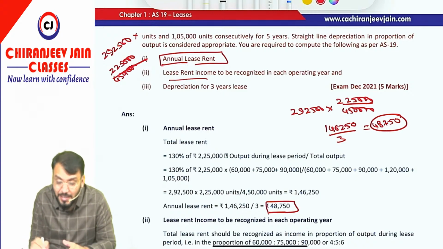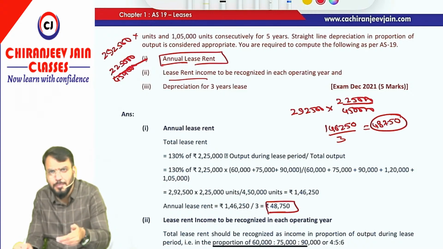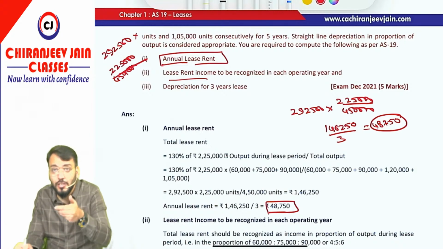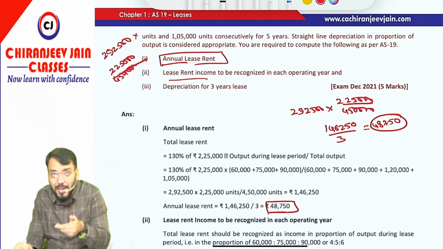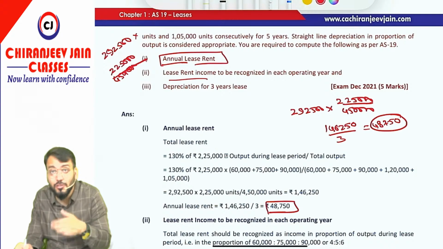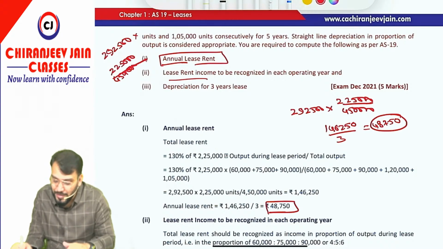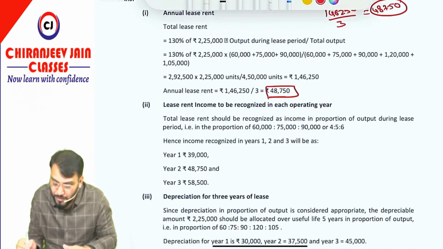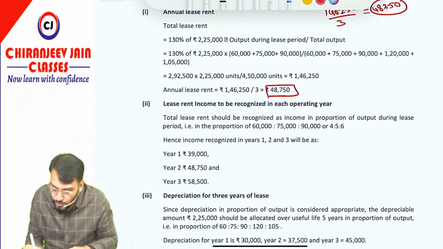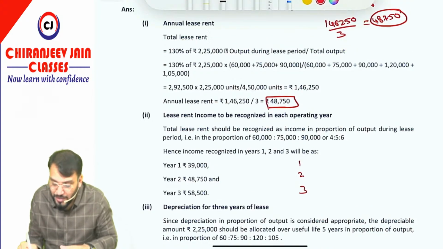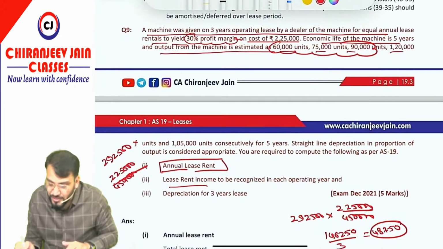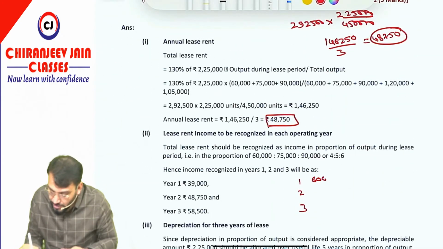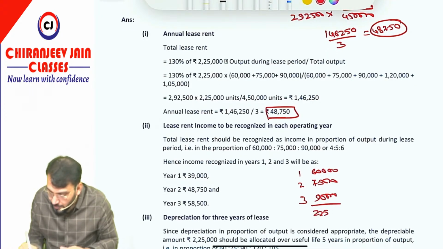But now we need to recognize lease rent income. In this case output is given, so lease rent will be allocated or recognized based on the output. The total is 1,46,250 for the first, second and third year. The output is given as 60, 75 and 90. Total is 2,25,000.